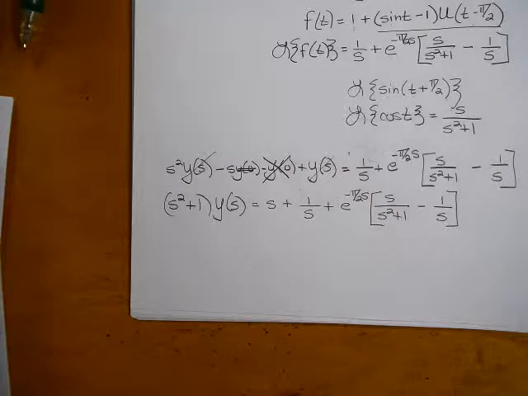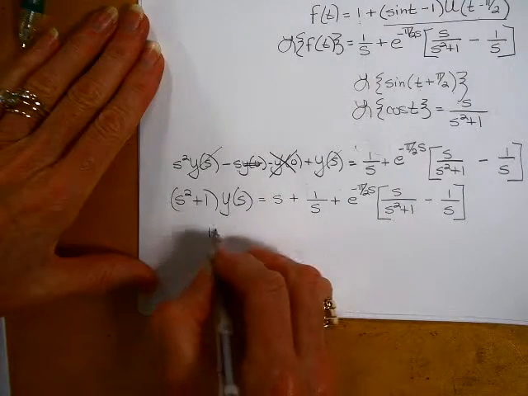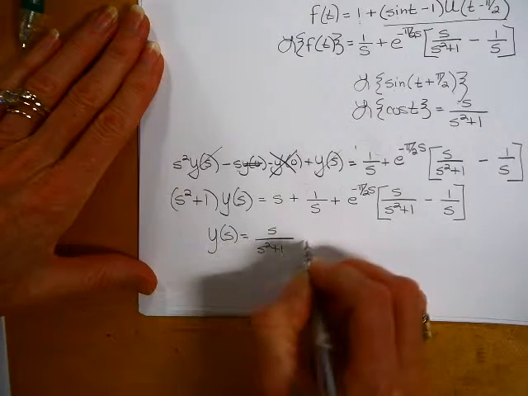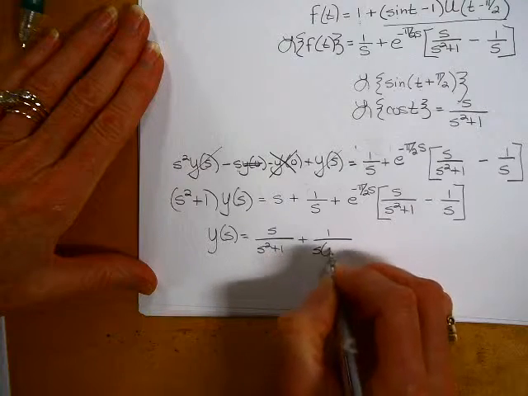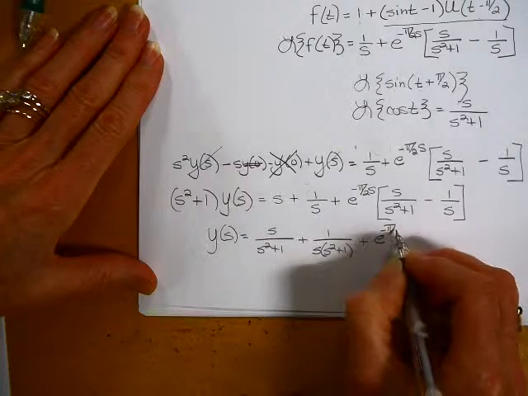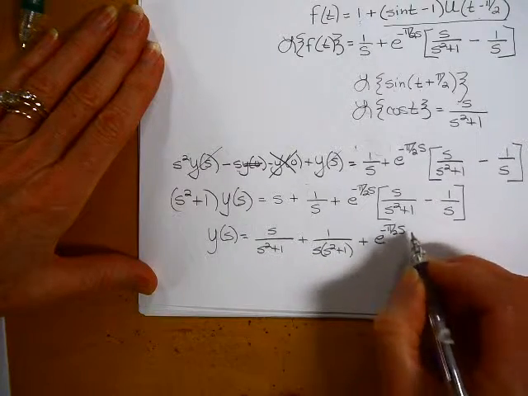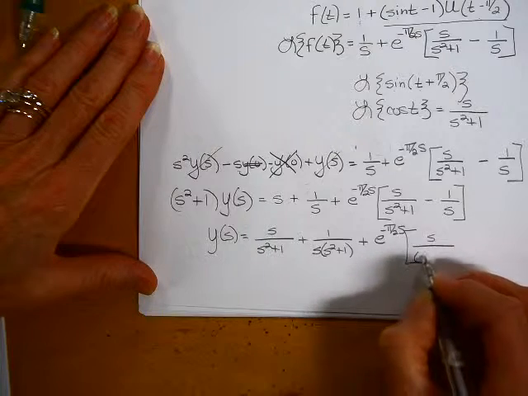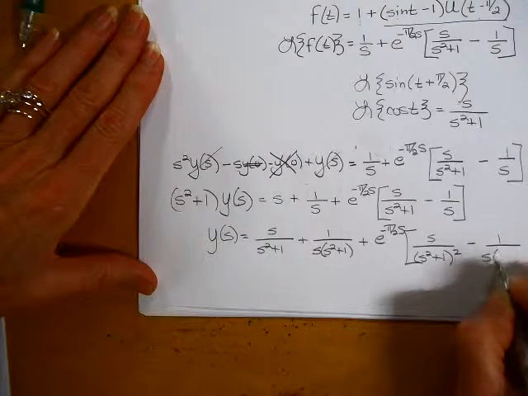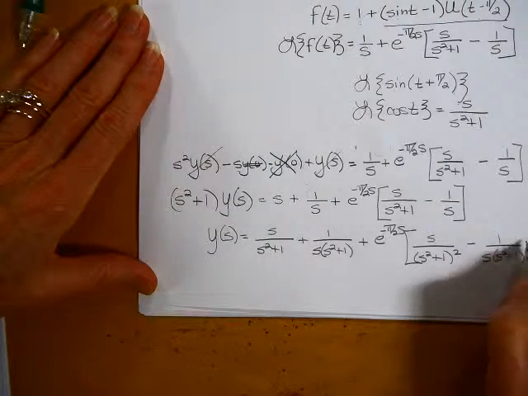You stop right now and make sure everybody's with me and that I hadn't made a mistake. Okay, divide everything by s squared plus 1. S over s squared plus 1, 1 over s and s squared plus 1, plus e to the negative pi over 2s times s over s squared plus 1 squared minus 1 over s and s squared plus 1.